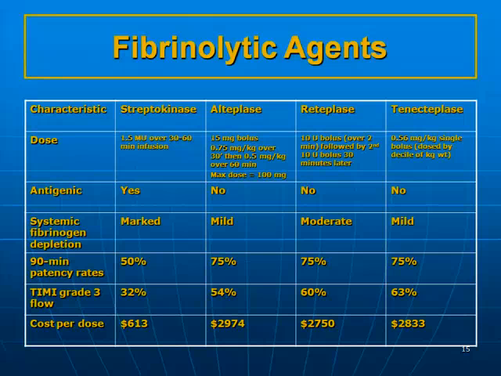You either look in the old record, if there is one, or you ask the patient, and the patient may underestimate how much they weigh. If they're off, typically they're going to tell you they weigh less than they do. I don't think that either drug, the double bolus with RPA or the weight-based dosing with TNK, is a major limitation with either drug.